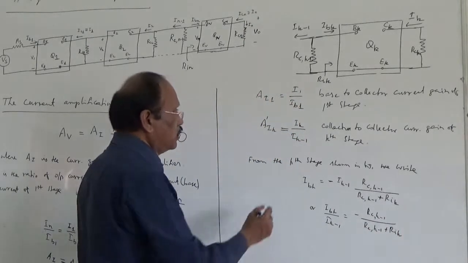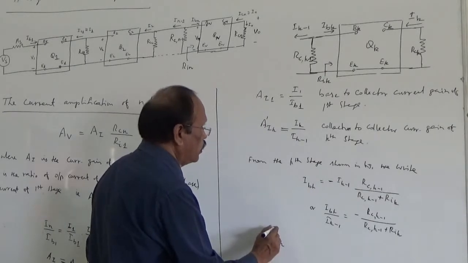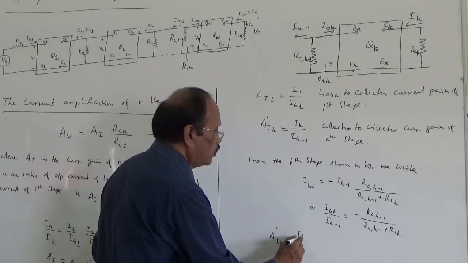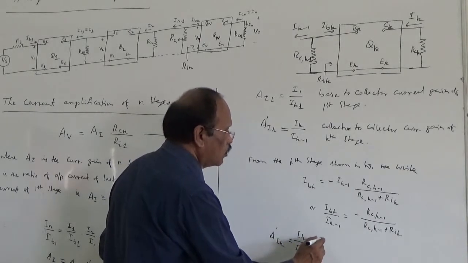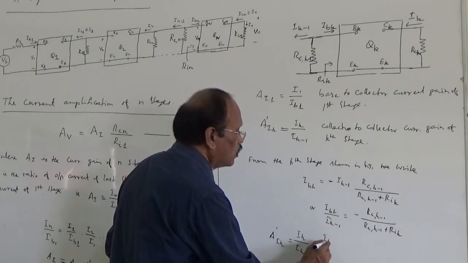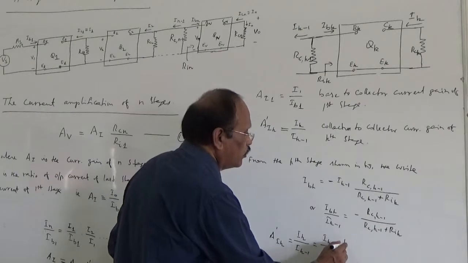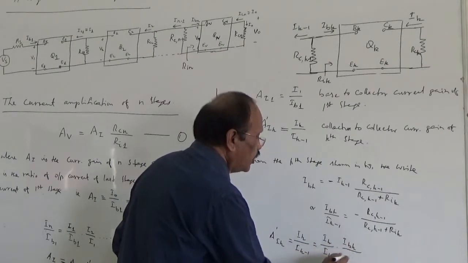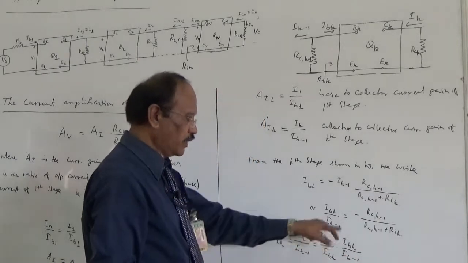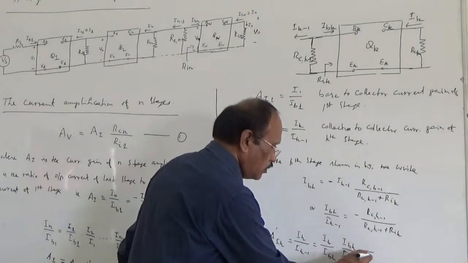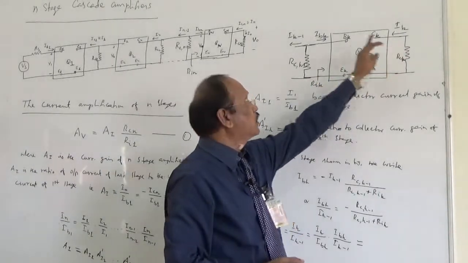So now we can write AIK dash, which is equal to IK by IK minus 1, as IK by IBK into IBK by IK minus 1, so that we can cancel this. Now IK by IBK, this is the collector current by the base current.